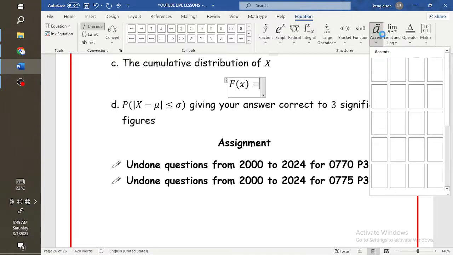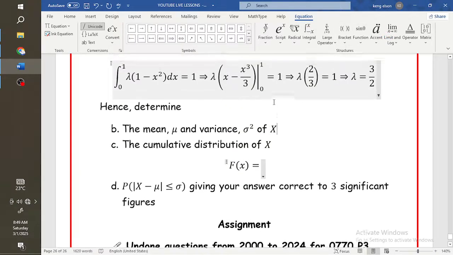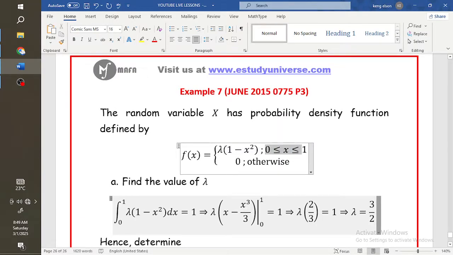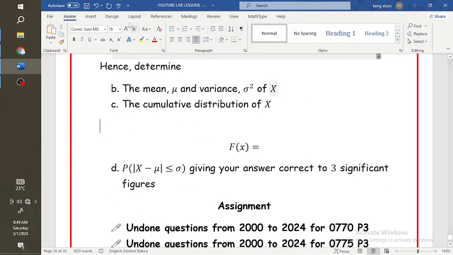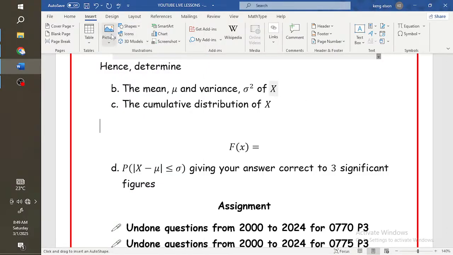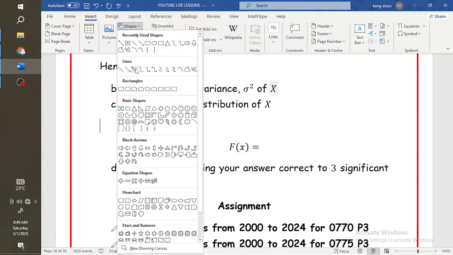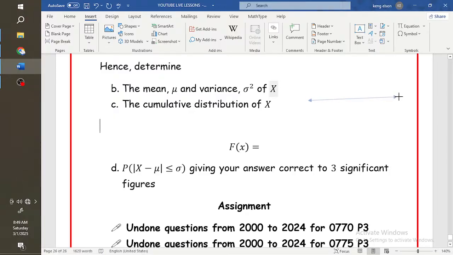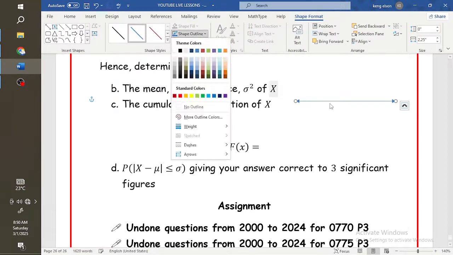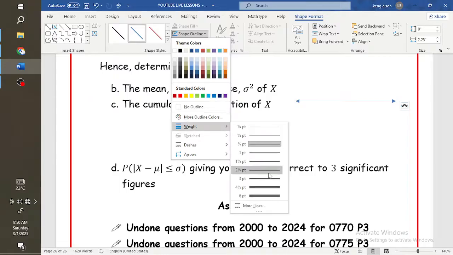So what I do is, first of all, let us try to analyze the intervals given to us. Okay, now the interval I have here is from 0 to 1. So let me just try to indicate something on the number line. This is a real number line. Now we need to indicate 0 to 1.